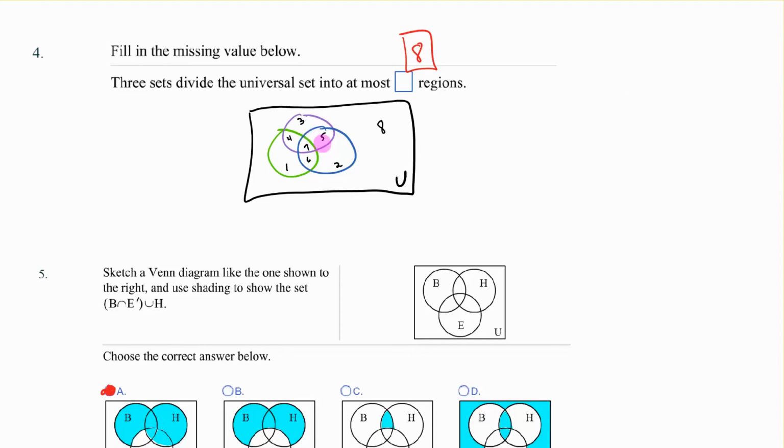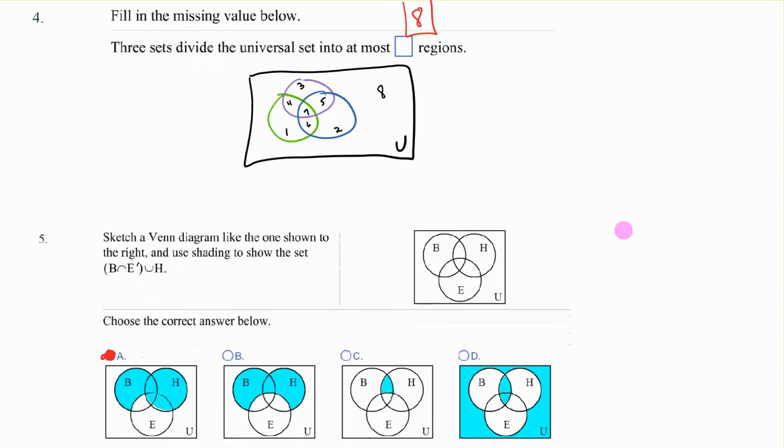So what I did was draw the three sets, and you have this area, this area, this area, and then you have the 4, 5, 6, you have the 7 in the middle, and you have 8 out here. So it's at most 8 regions.